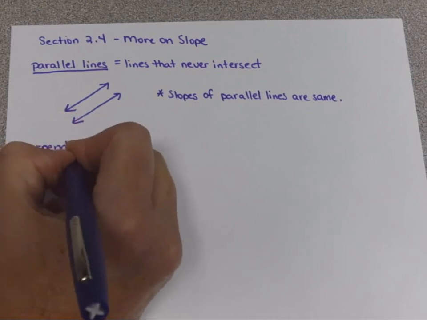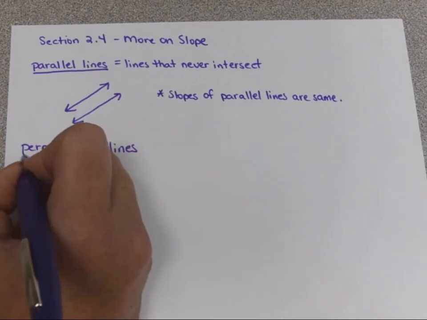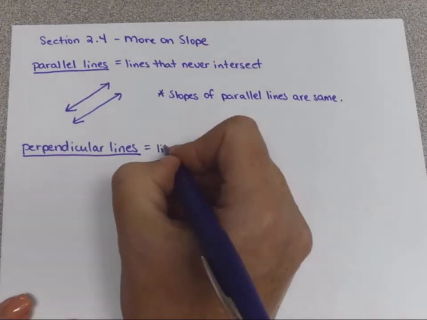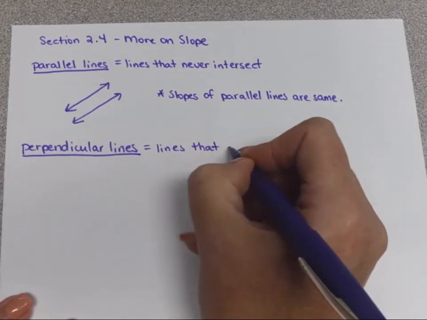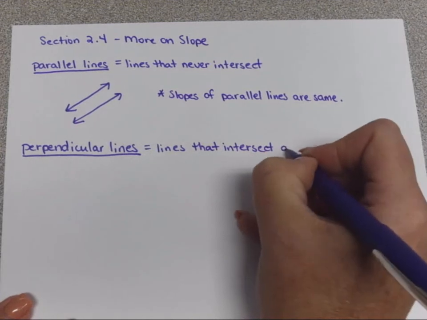Okay, so we almost always talk about perpendicular lines when we talk about parallel lines. Perpendicular lines cross each other, but they cross each other in a certain way. Do y'all remember how they cross each other from another class maybe? Yeah, at a right angle or a 90-degree angle, however you want to say that. So they're lines that intersect at a perfect right angle.